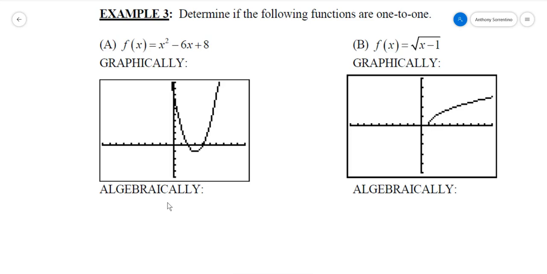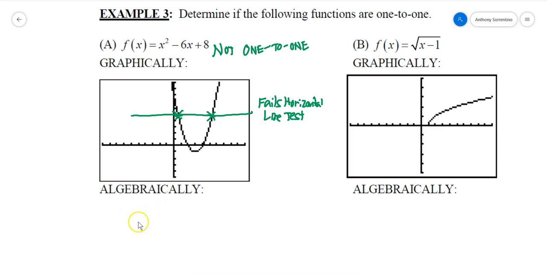So one way of doing that, if I have the graph, f of x equaling x squared minus 6x plus 8, it fails the horizontal line test. So I can say, graphically, it's not one-to-one. As far as algebraically goes, I kind of outlined that before. How would I show algebraically that it's not one-to-one?